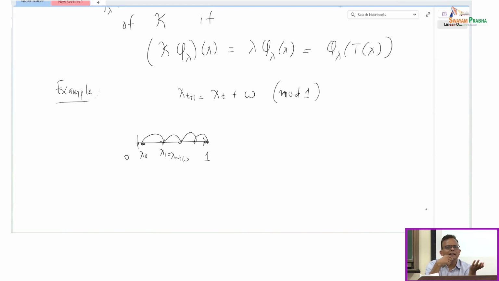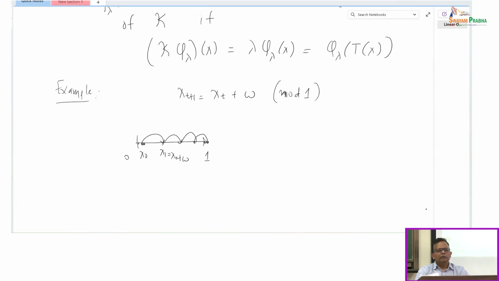Now what happens if omega is irrational? Now the orbit is actually dense. You'll never come back to the same point. Starting from any initial condition, if you stay long enough, it will cover the whole circle. It will get arbitrarily close to each and every point of the circle.